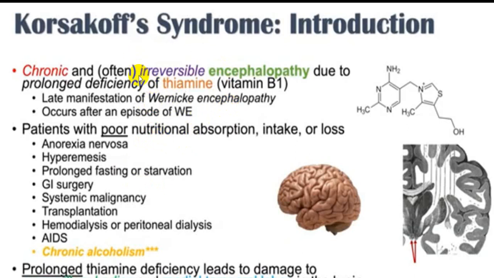All the causes of Wernicke's encephalopathy hold true: anorexia nervosa, hyperemesis gravidarum, GI surgery, prolonged fasting, starvation, malignancy, transplant, hemodialysis, peritoneal dialysis, chronic alcoholism, AIDS, etc. But if not treated early, it can end up as Wernicke-Korsakoff syndrome, or sometimes it is only labeled as Korsakoff syndrome. But by and large, we label that as Wernicke-Korsakoff syndrome.